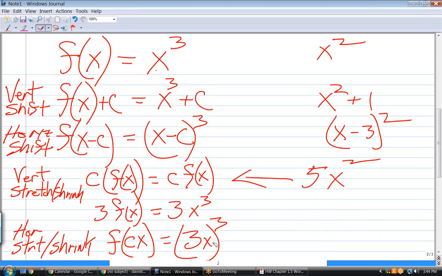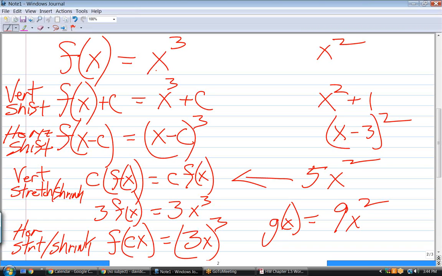Horizontal shrink is similar. Only with a horizontal shrink, the c is inside the parentheses. So if I said to you, what is 9x squared? In other words, if I gave you this function, g of x is equal to 9 of x squared, what's going on with that?